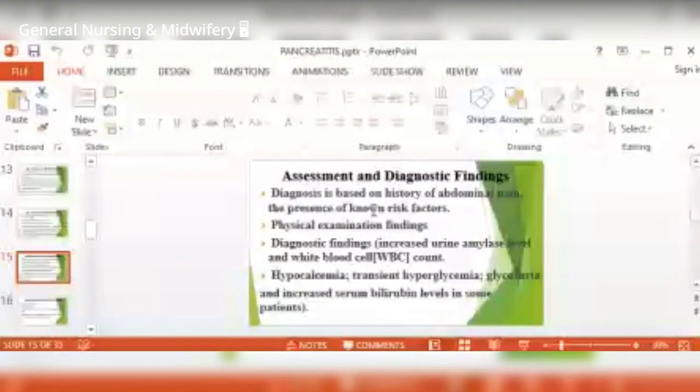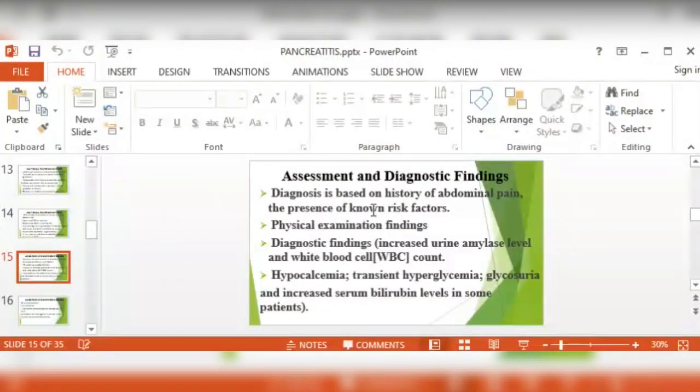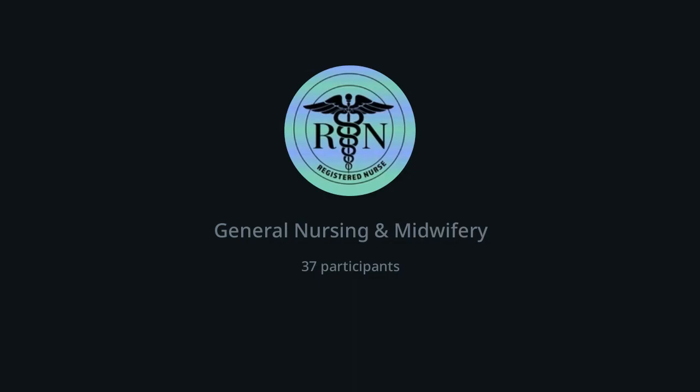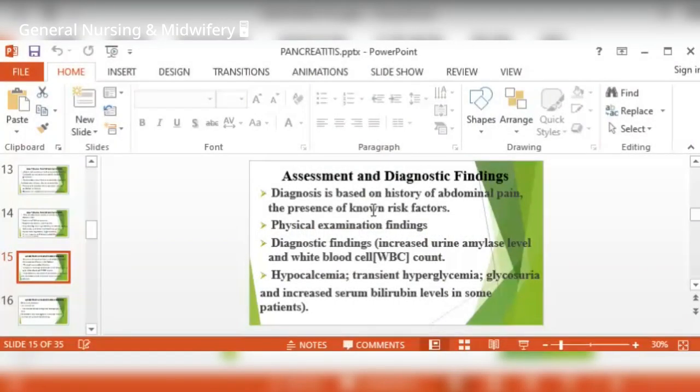Assessment and diagnostic findings. So how do you diagnose, or what are the various diagnostic tools that you can request for your patients whom you are suspecting pancreatitis? You can use the clinical history or the clinical manifestation to diagnose pancreatitis. Sometimes you can use your physical examination or physical findings.